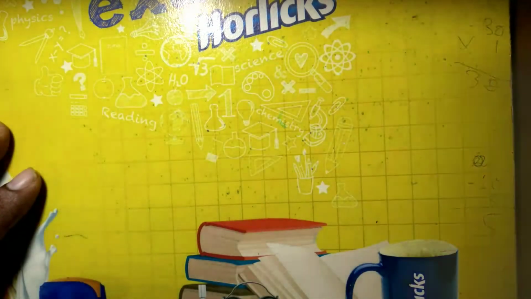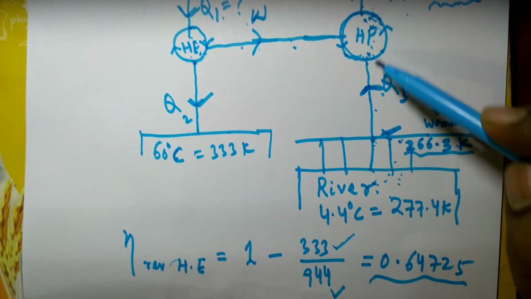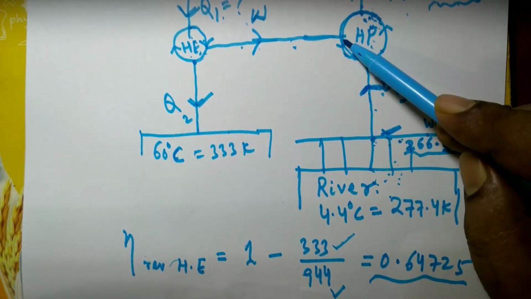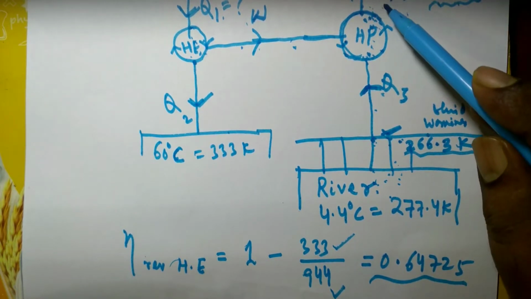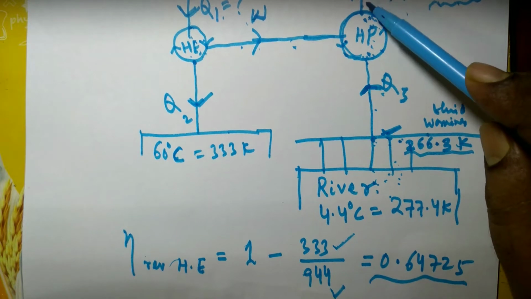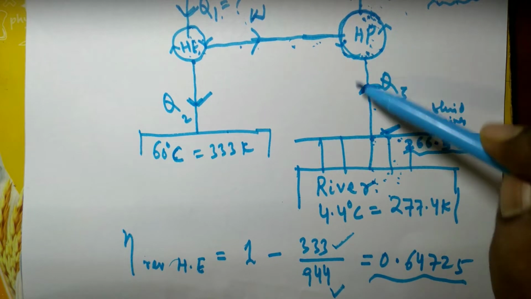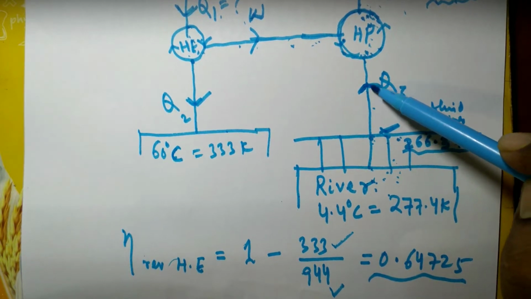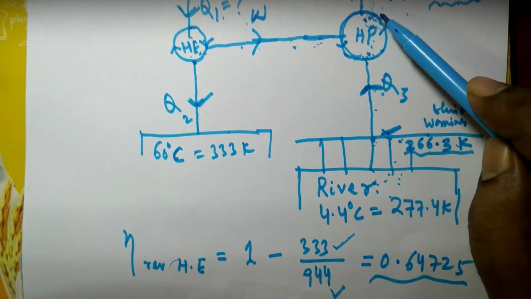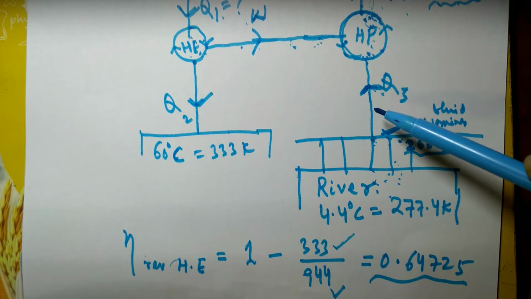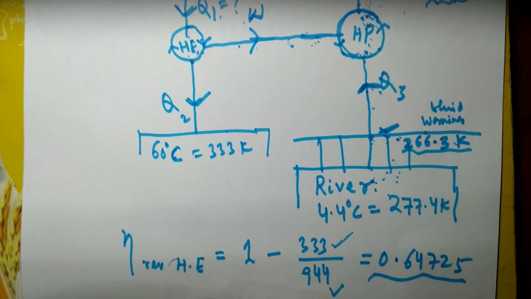And the actual COP of a heat pump is the desired effect divided by work input. In this case, the desired effect is to continuously supply heat Q4 to the high temperature body, and the work input is W. Had this been operated as a refrigerator, COP would have been Q3 by W, not Q4 by W.